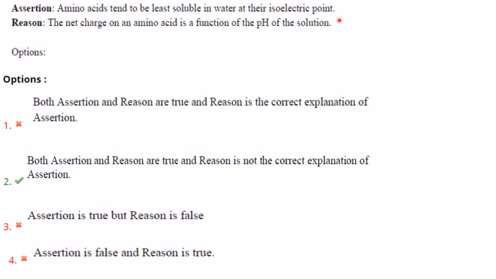So the net charge is 0 on the amino acid. So it cannot interact with the water, and it will be less soluble in water, and it will precipitate out in the solution. Okay. So that is why amino acids are least soluble in water at their isoelectric point.